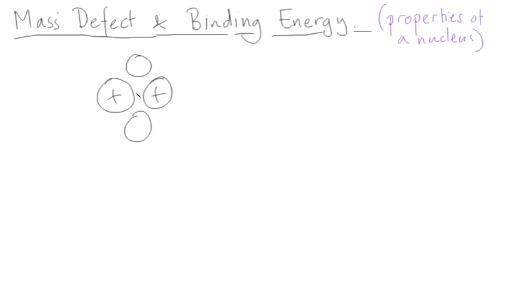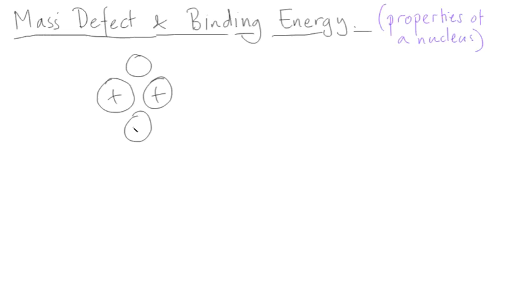Normally they would push each other apart because they're oppositely charged, right? We've learned that oppositely charges repel. But there's a force binding them together. What was the name of that force, Diana? The strong nuclear force. There's a force holding them together.